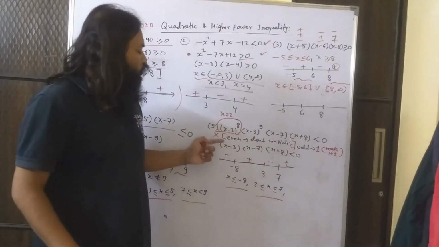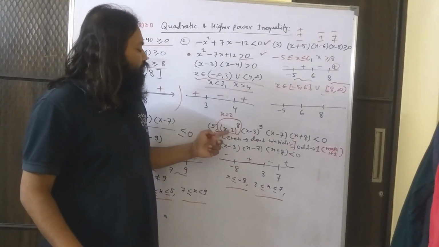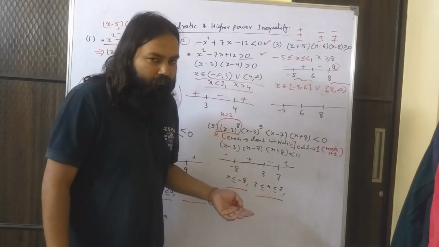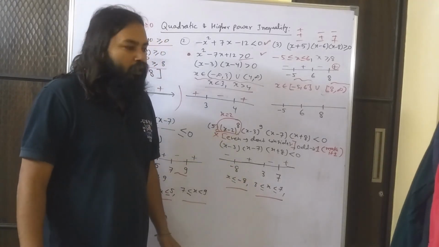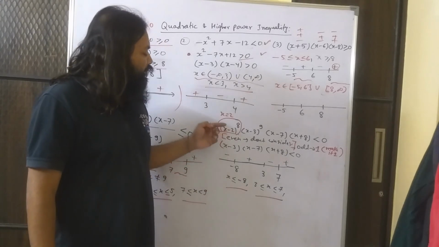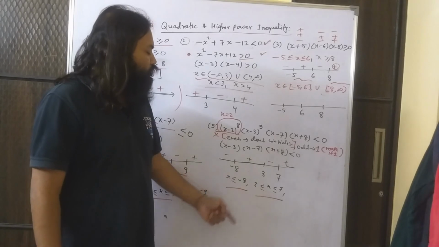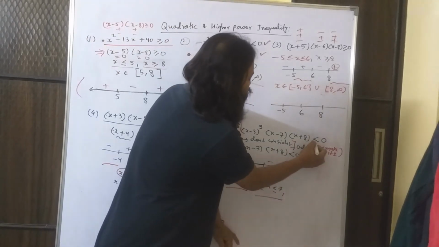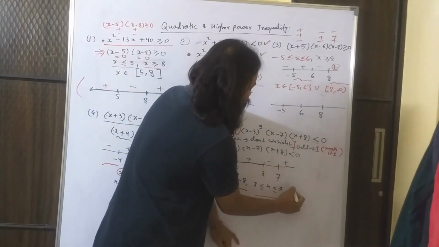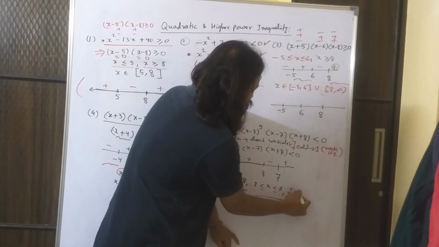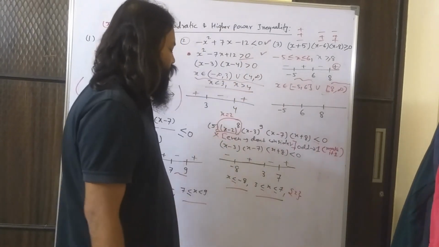Because now, even if x is 2, this thing will become 0, which we don't want. So in that case, we don't need to add 2. So we just simply neglected it because this term doesn't have an effect on the entire thing, and we solved it. But because here I put equal to sign, I have to say that x can be equal to 2. That is the extra in the solution.